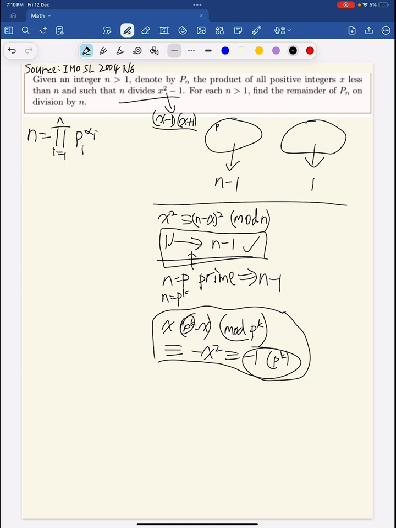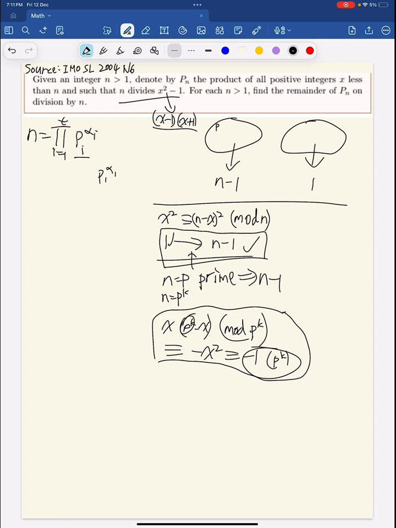Now we want to use the individual primes, p_i. So let's say that we're taking mod p1 to the alpha 1. Then how do we do this?